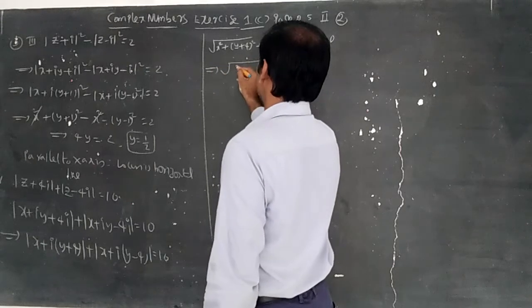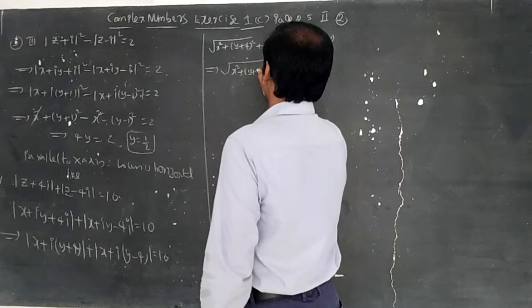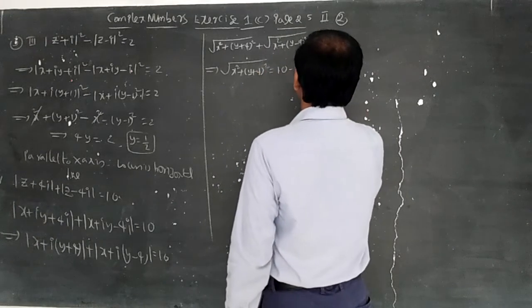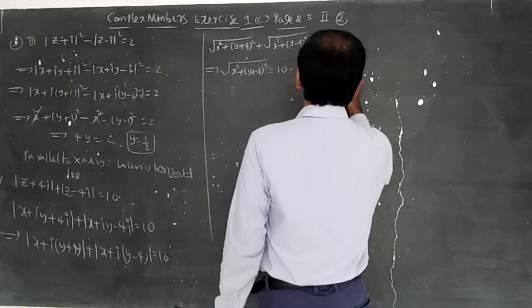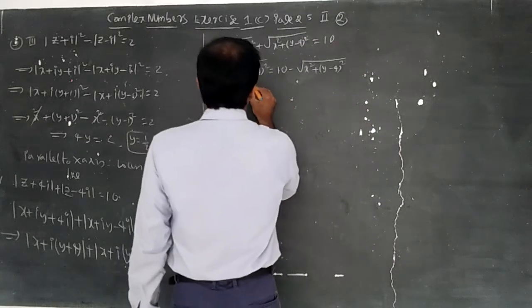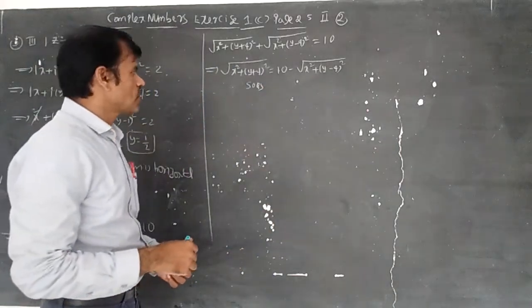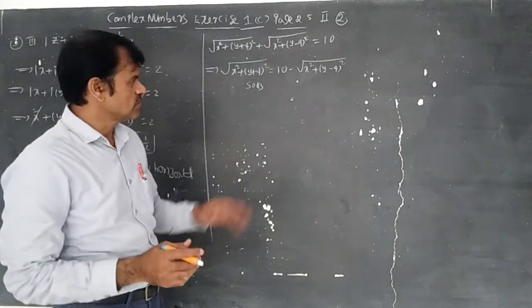Root of x square plus (y plus 4) whole square is equal to 10 minus root of x square plus (y minus 4) whole square. By squaring both sides, I think you have done this in first year, formula PA plus PB is equal to k, like that.